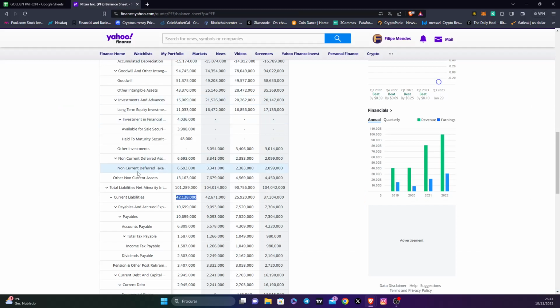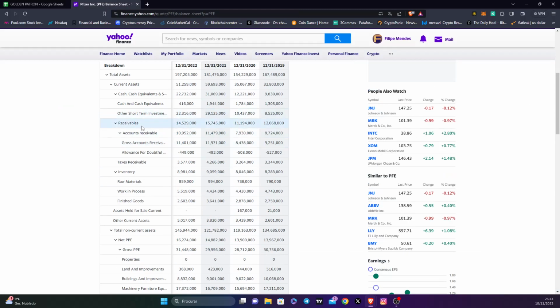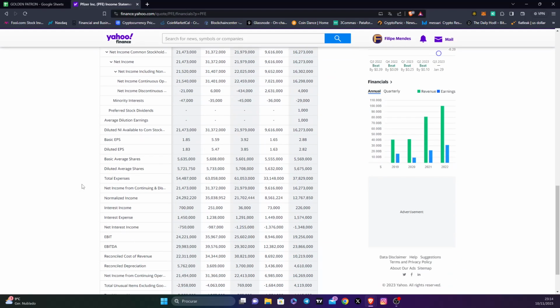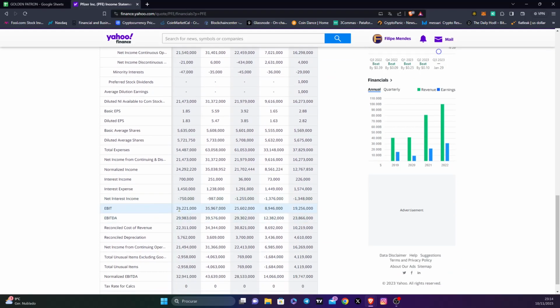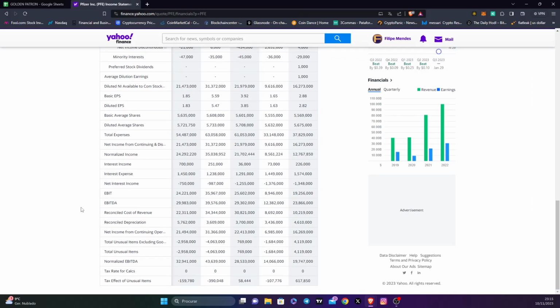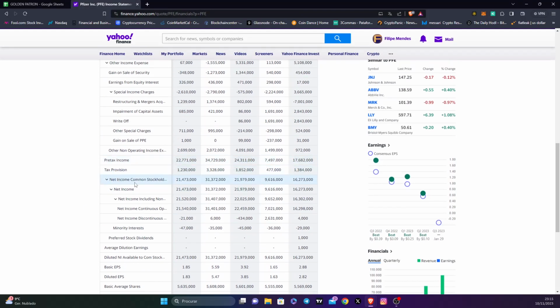So we already have it right here, and we want to come to income statement. We're going to get the EBIT, and 24,221, and now the interest expense. Interest expense should be around here somewhere.